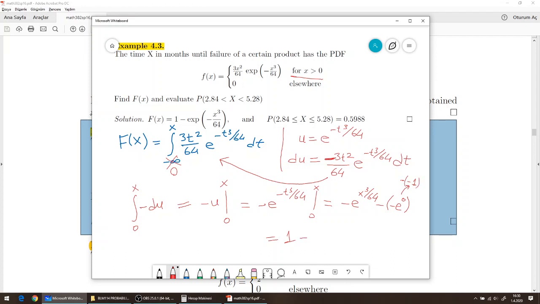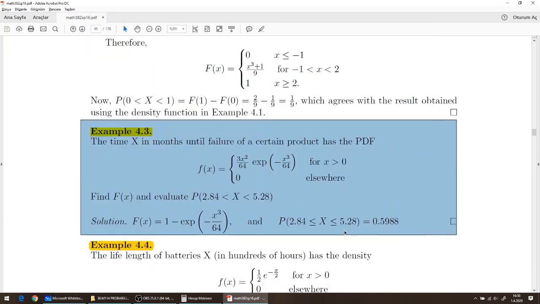So this is equal to 1 minus e to the power minus x cube over 64. Yes, as you see, they are the same.